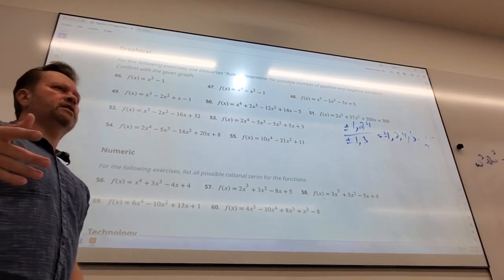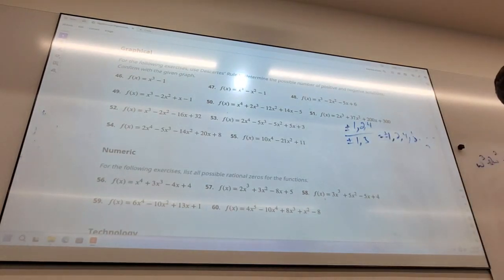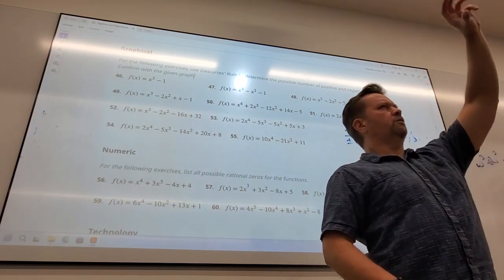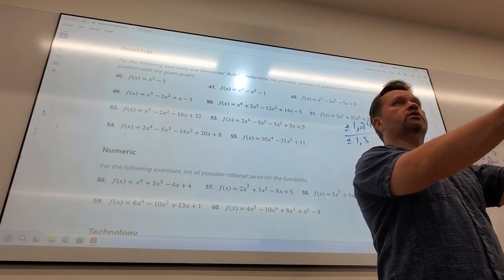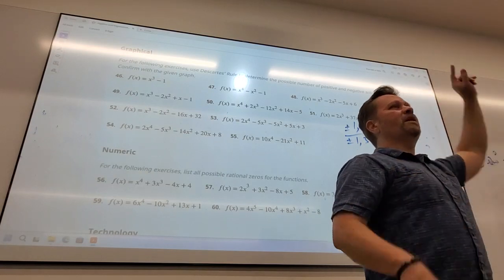Does it say to find the intercepts? Does it say that you have to graph it by hand? No. Does it say you have to factor it? No. So again, students, and I'm not saying this is what happened, students will get themselves in trouble because they don't read the instructions. And the instructions say, just do this one thing, and then they try to do the rest. I'm like, no. These might not even work.